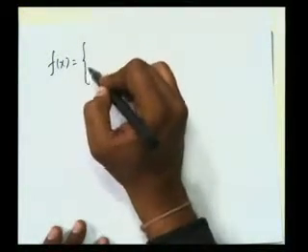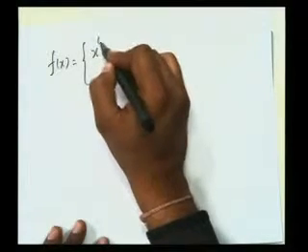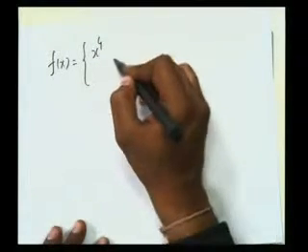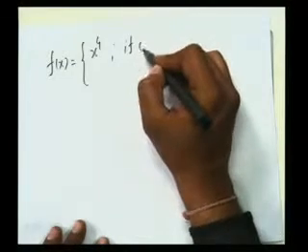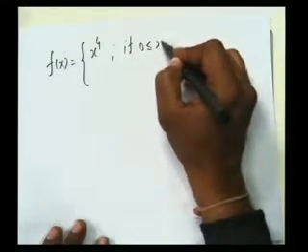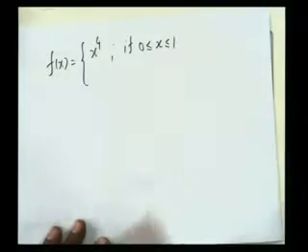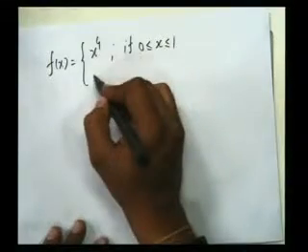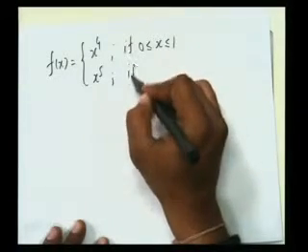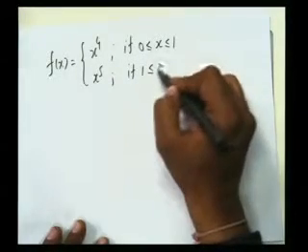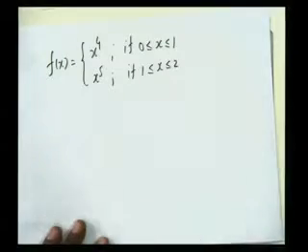Here f(x) is equal to x raised to 4 when x lies between 0 and 1, and x raised to 5 when x lies between 1 and 2.